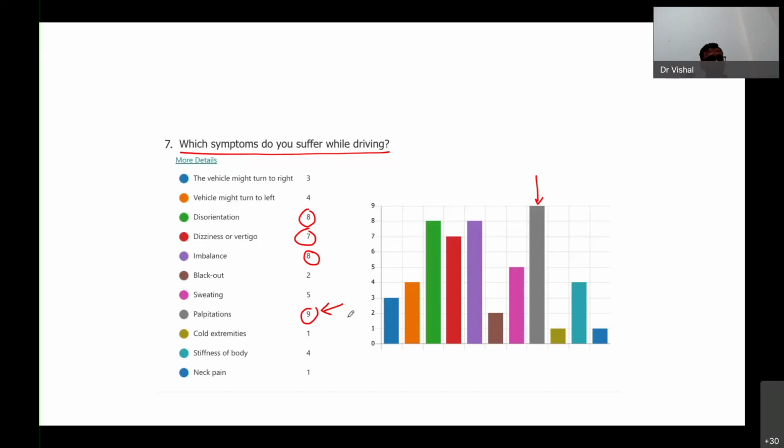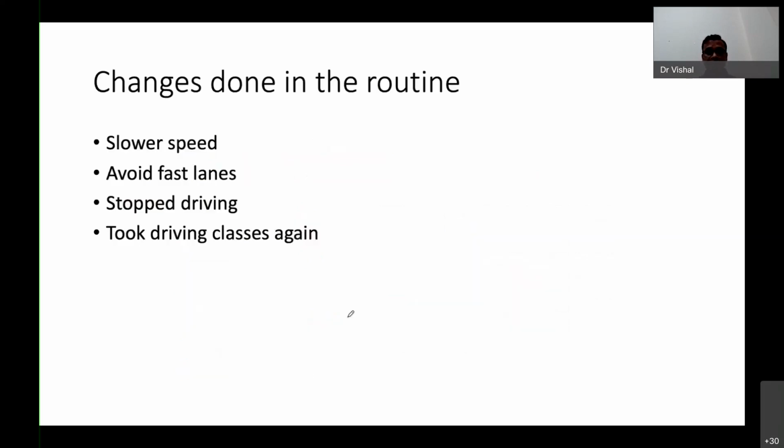So they become very anxious, and it can lead to sweating, and to misdiagnosis of a cardiac condition, cardiogenic syncope. Of course, that needs to be ruled out, but that can happen. Even some of the patients underwent cardiac evaluation.